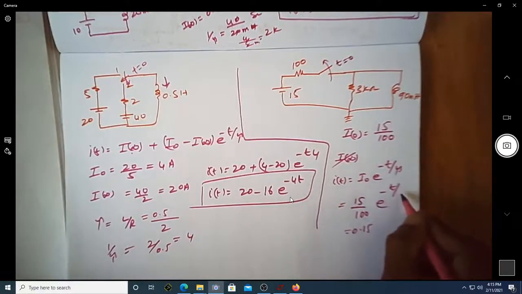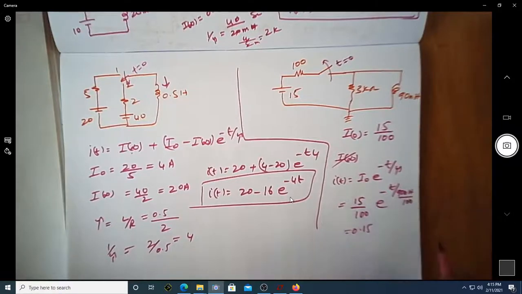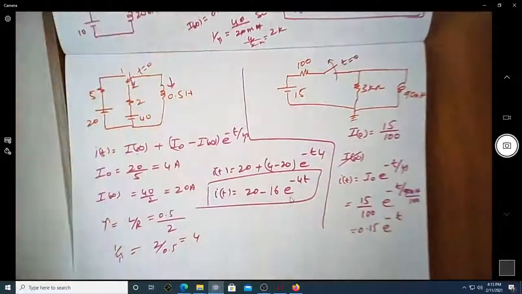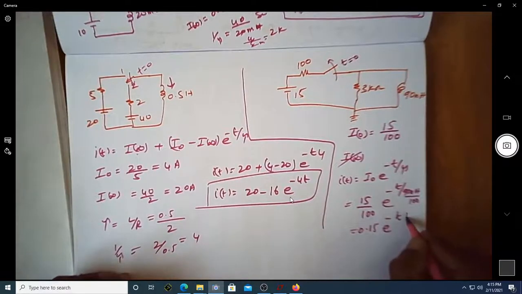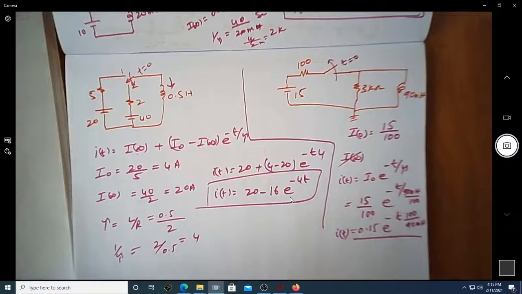Tau is L, which is 90 millihenry, divided by 100, so 1 over tau becomes 100 divided by 90 millihenry. This is the expression for I of t.